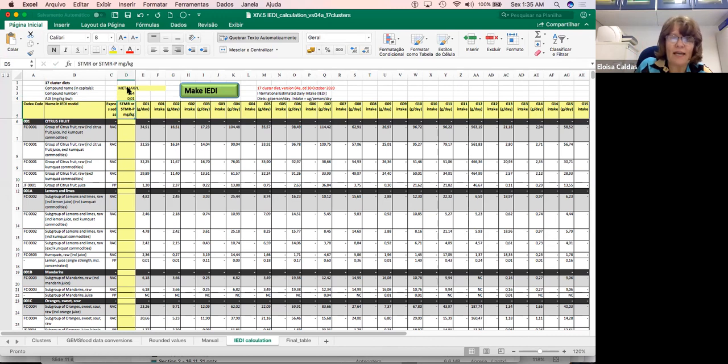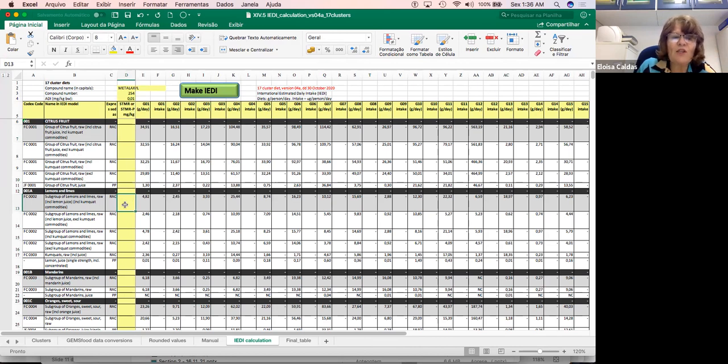Here, I'm always going to guess, okay? Let's say there was a recommendation for the group of citrus fruit. There wasn't, but let's say it was assumed. So you have to go to the recommendation table and look for all the recommendations. Here you have the citrus fruit group, but you can also have the subgroups. So sometimes, let's not put the citrus fruit group.